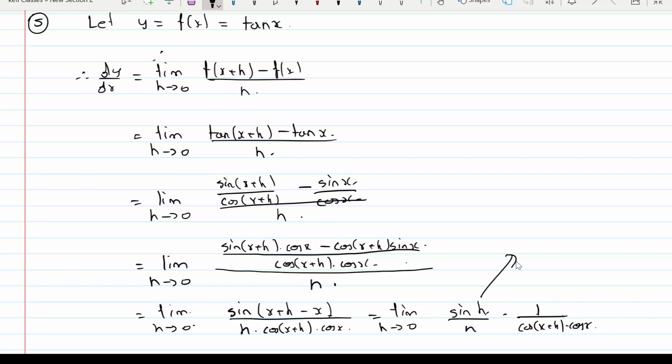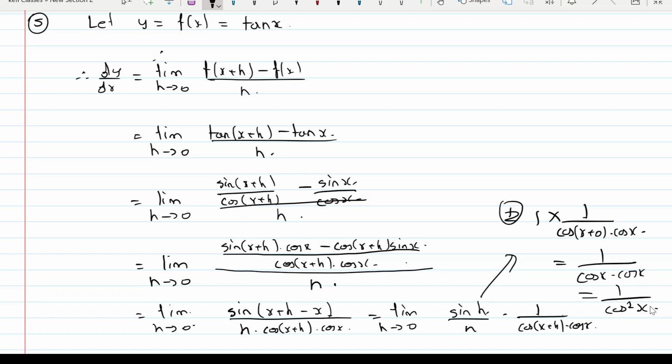And so if you take its limit, this is going to be 1 into 1 upon cos of x plus 0 into cos x, which is equal to 1 upon cos x into cos x, which is 1 upon cos square x, and that is equal to sec square x.